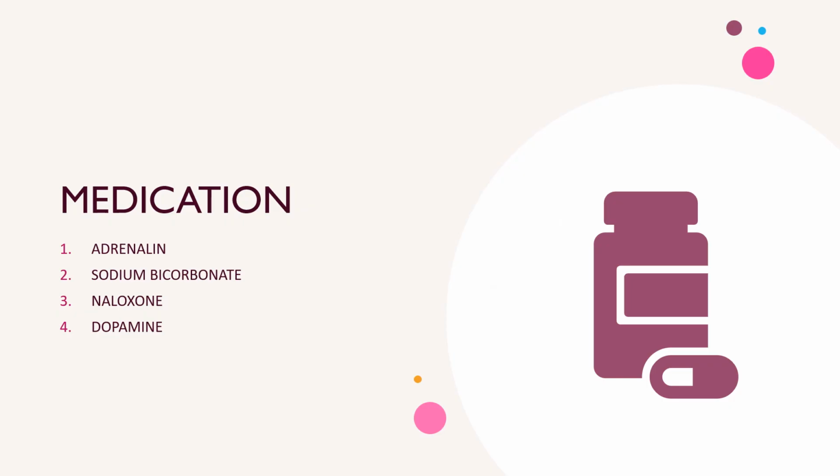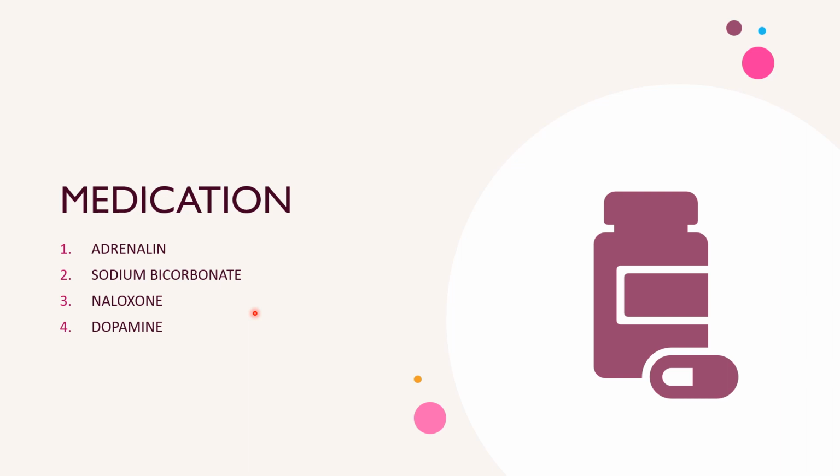Next, medication if required. Neonates who do not improve with ventilation and chest compression require medication like adrenaline, sodium bicarbonate, naloxone and dopamine. Adrenaline should be administered in a dose of 0.1 to 0.3 ml per kg body weight.